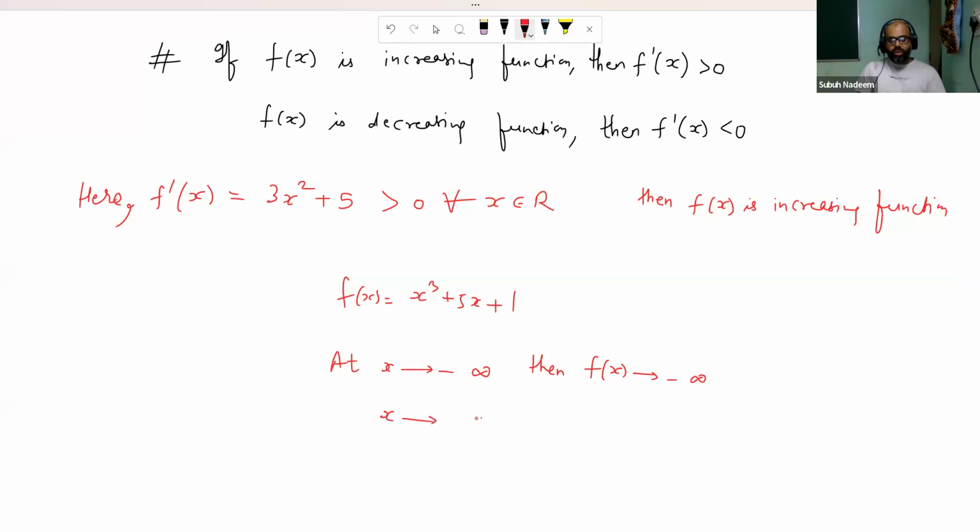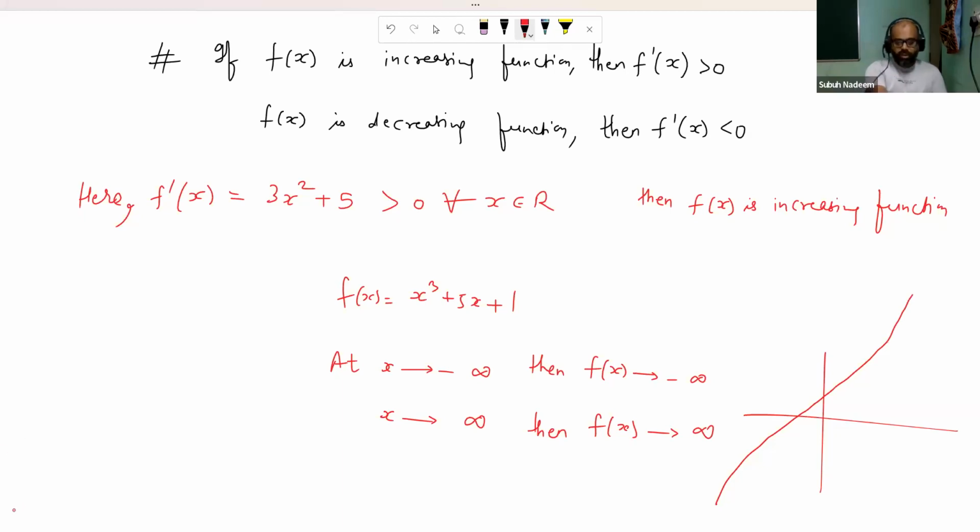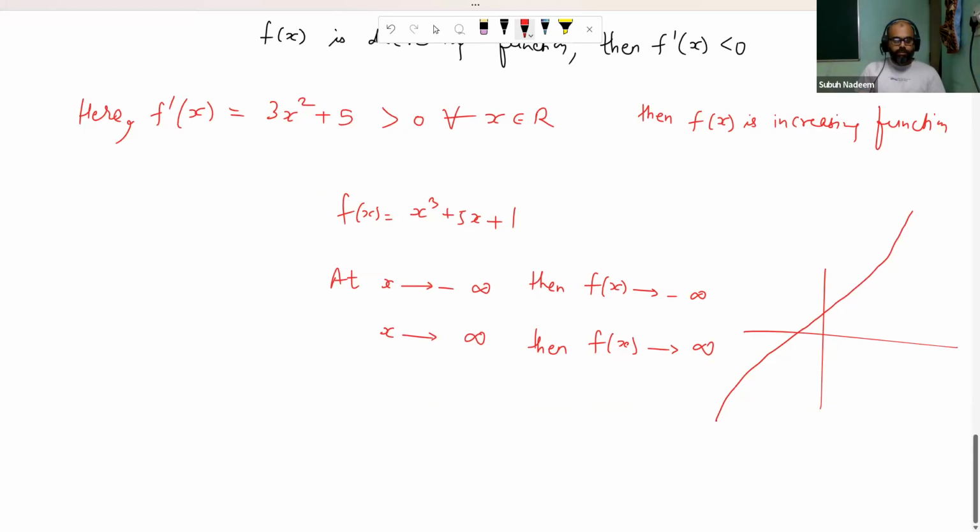And if x approaches infinity, then f of x will approach infinity, because minus infinity cube is minus infinity, plus infinity cube is infinity. So the function is starting from minus infinity to plus infinity, cutting the axis somewhere, and we don't know exactly where, but maybe something like this. It is a function like this. So cubic functions are of many types, like it could be a function which is like, as we see, that could be like this.